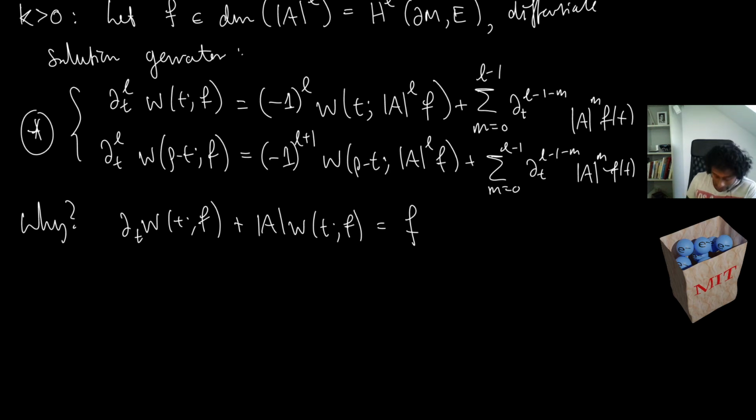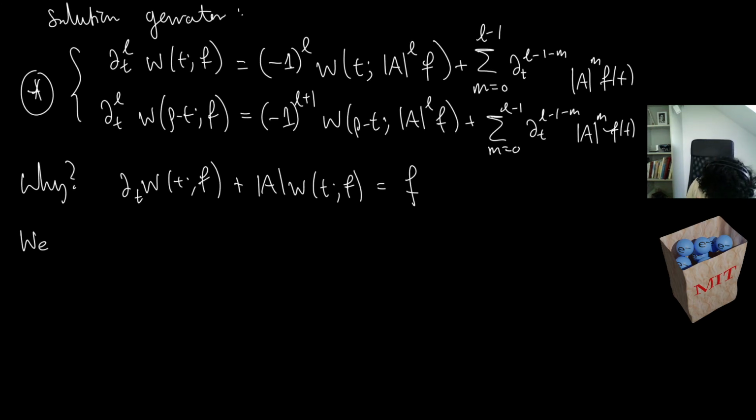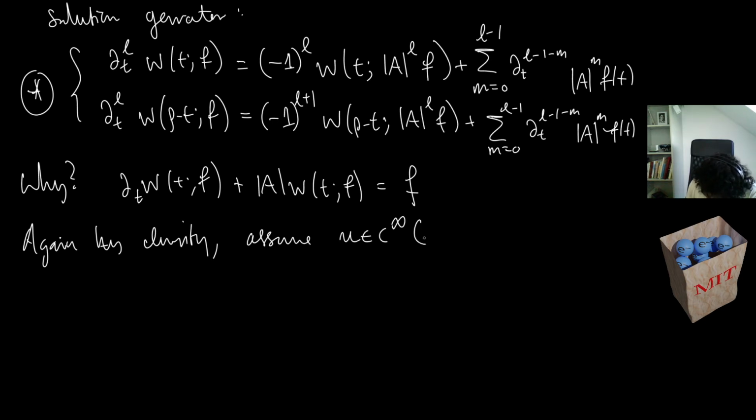Okay, so again by density, assume that u is in C infinity partial m. It suffices to show, by the previous lemma, that is the form of the Sobolev norm inside this.